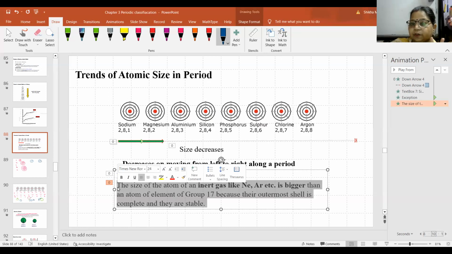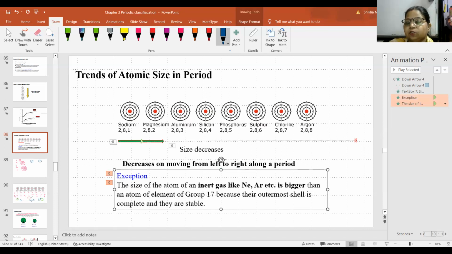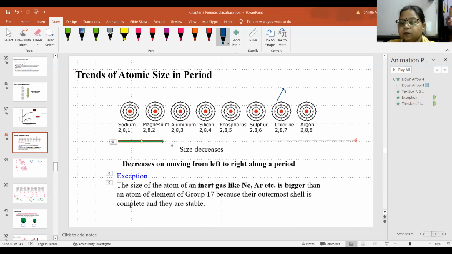There are two reasons for it. For chlorine, you will be finding the value of covalent radii. And for argon, you will get the value of van der Waals radii.